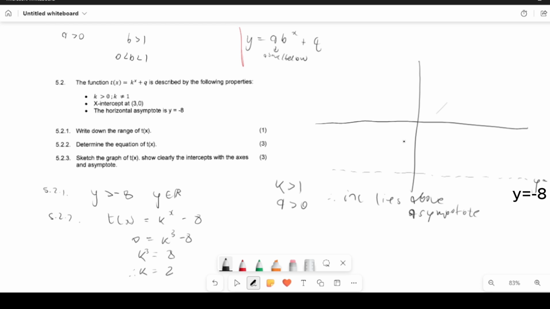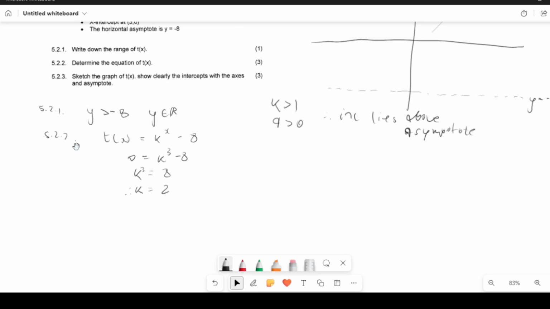Okay, and so we can sketch this function quite easily now, because we know that the function lies above the asymptote. So we can draw the graph. We know that the x-intercept is at 3 and 0, so at this point here, that'll be 3 and 0.